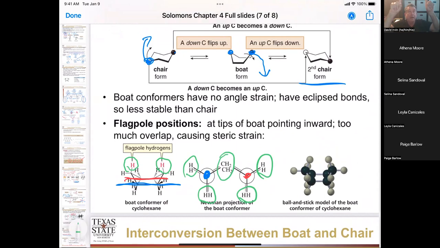Okay, and because they're pretty close to each other compared to in the chair position, where they would be very far apart, they bump up against each other, and that's giving us steric strain, not angle strain, steric strain. And so those have a special name. We call those flagpole positions. Okay, so the boat conformation does not have axial or equatorial. It has flagpole. Okay, questions on that?